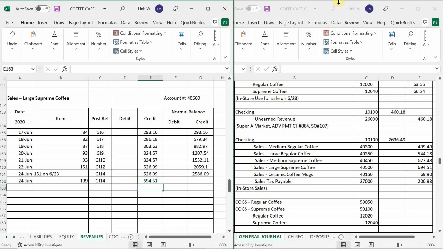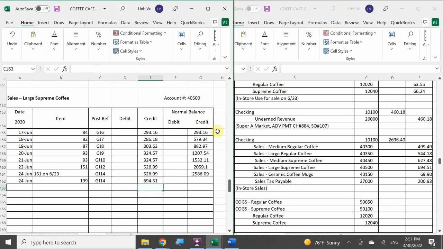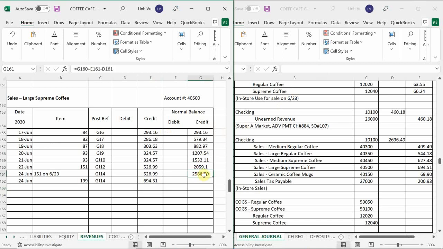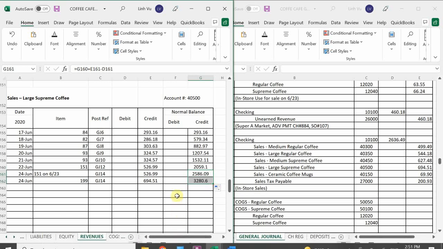So what's my ending balance here? $3,280.60.